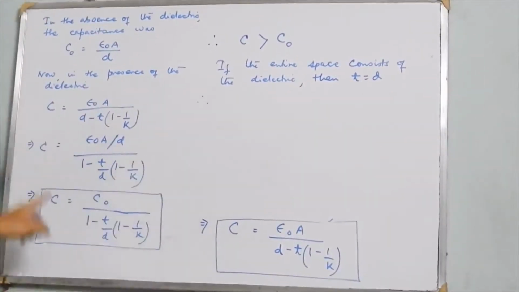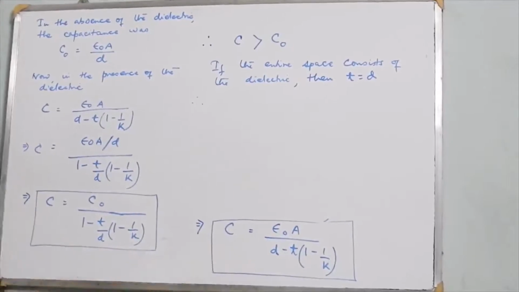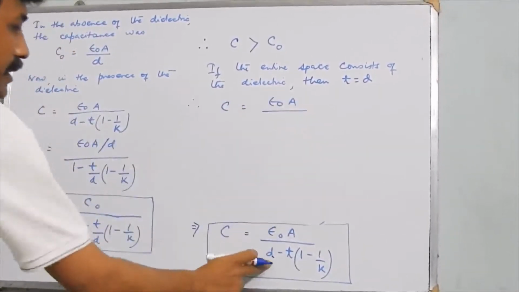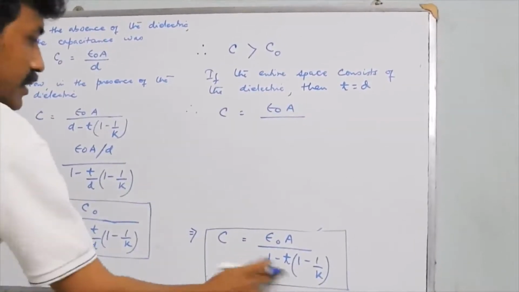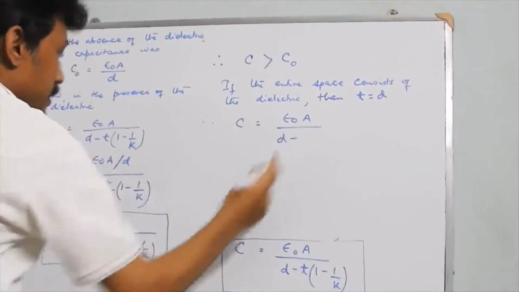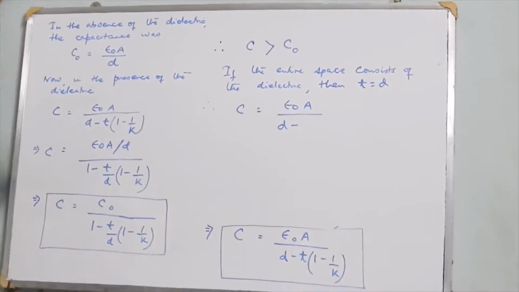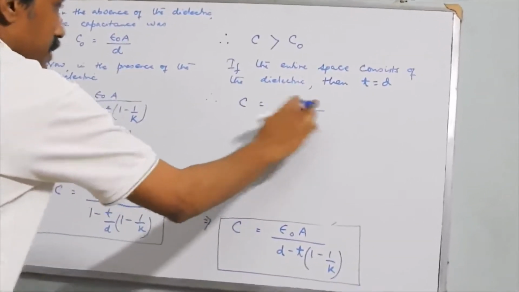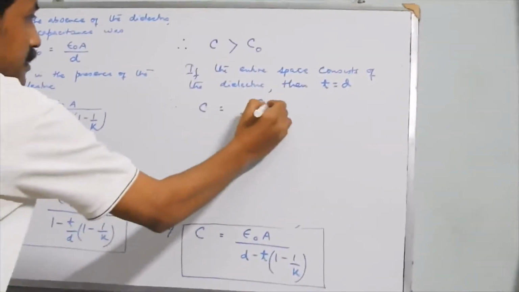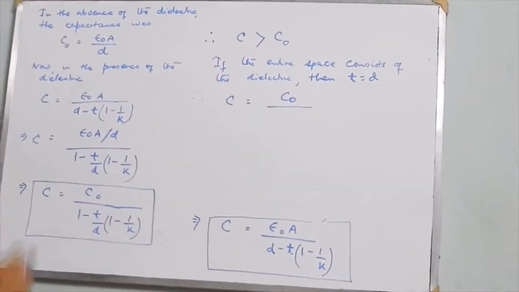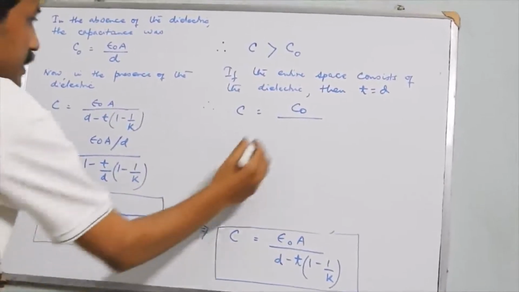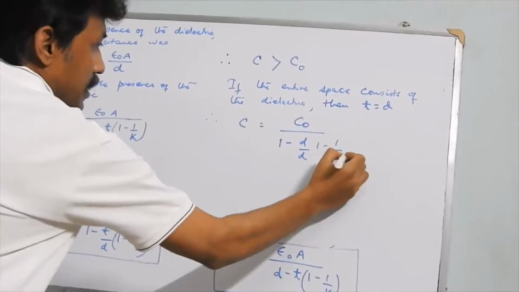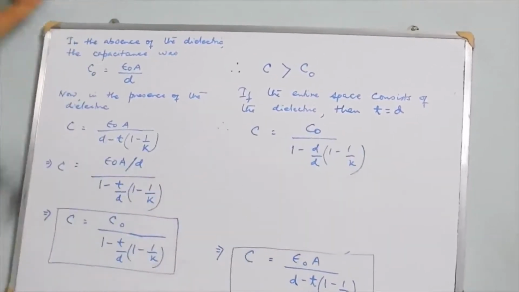So therefore in this expression you can see that C equal to epsilon 0A divided by D minus whichever expression you take, let me take this expression. C0 divided by, instead of T I will write D. So 1 minus D by D times of 1 minus 1 by K. So D by D is 1.